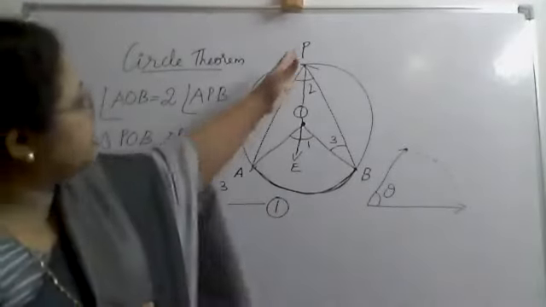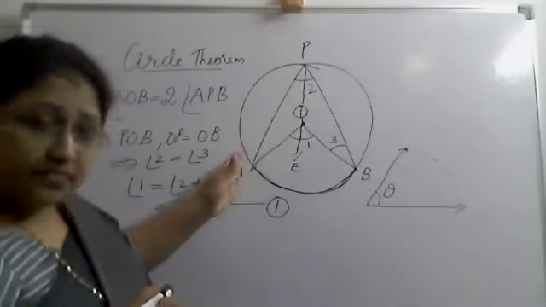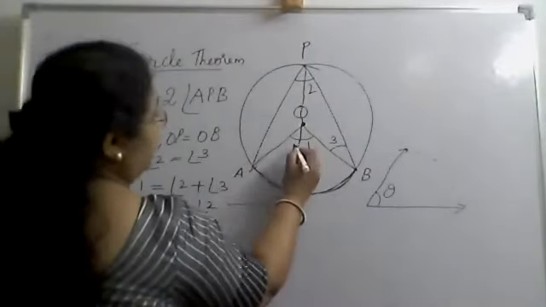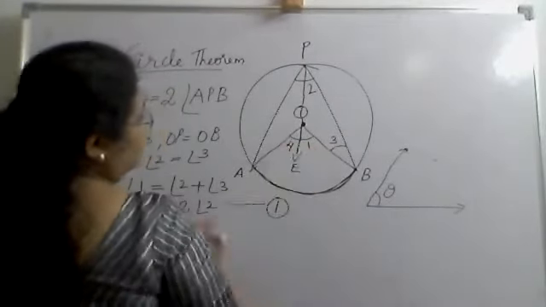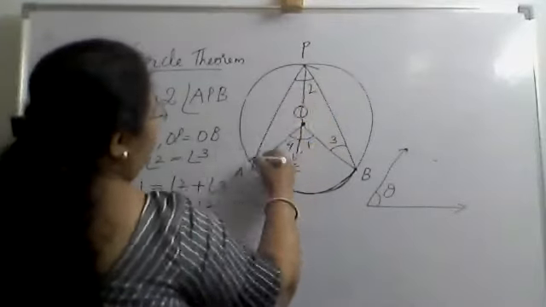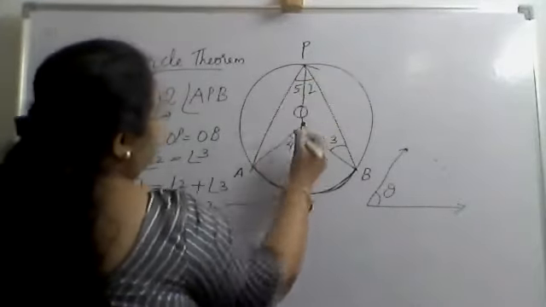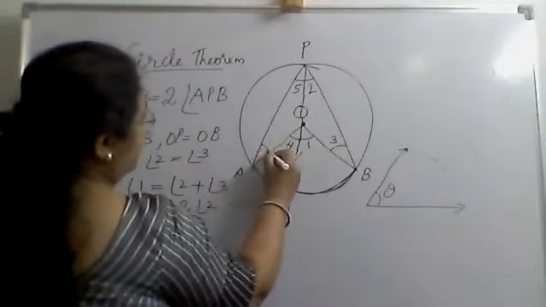Okay, now coming to this triangle POA. You can see an exterior angle here. Let me label it as 4. And this angle OPA, let me label it as 5, and OAB, let it be 6.